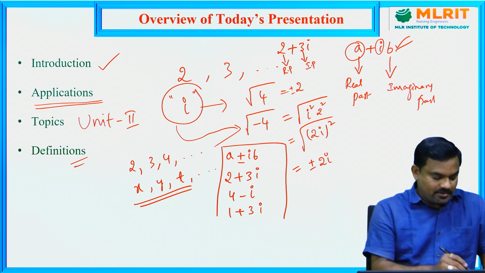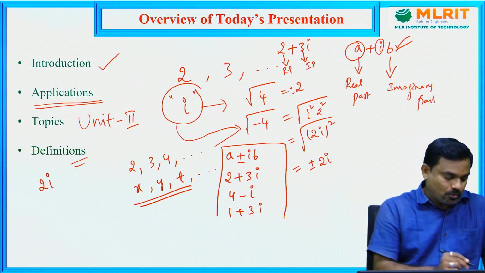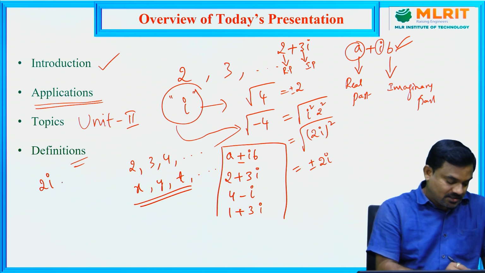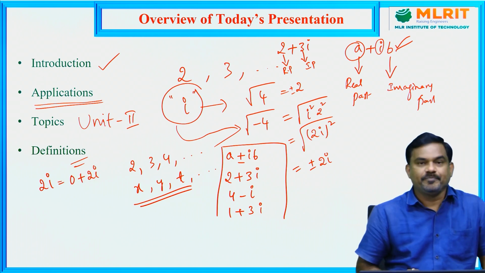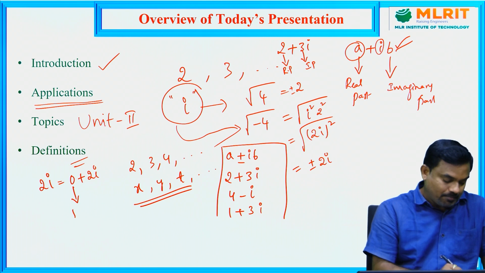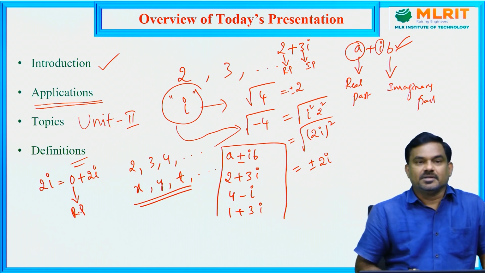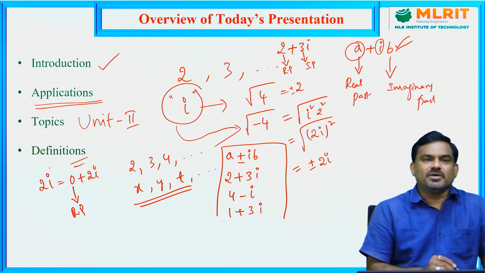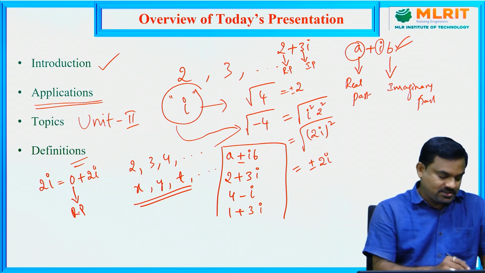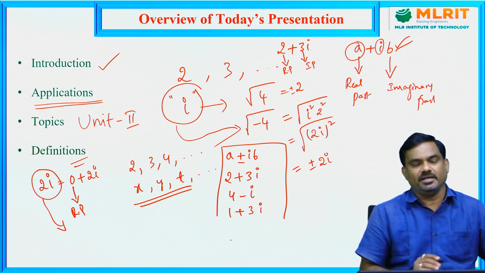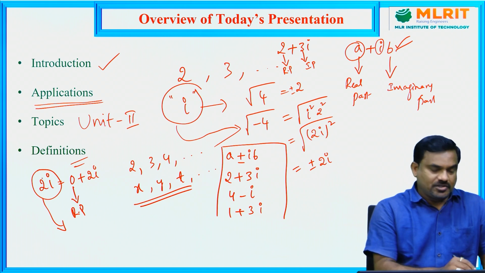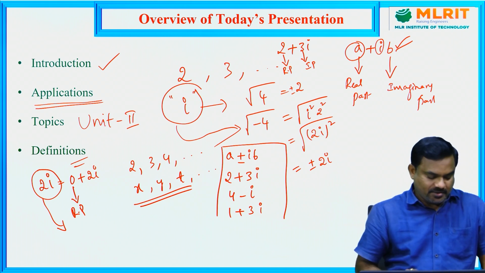If I have written only 2i, that means 2i is in the form of 0 plus 2i, with real part 0. A complex number with real part 0 is called a purely imaginary number. There is only i, no real part, only imaginary part.